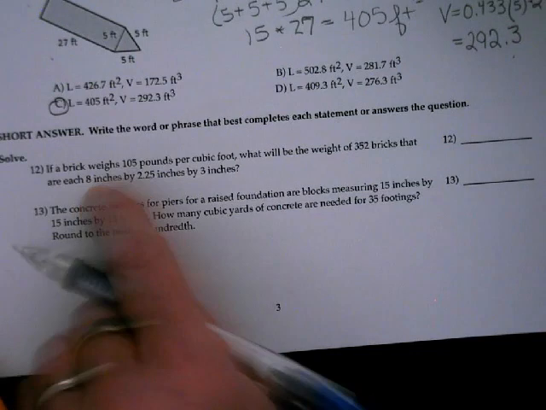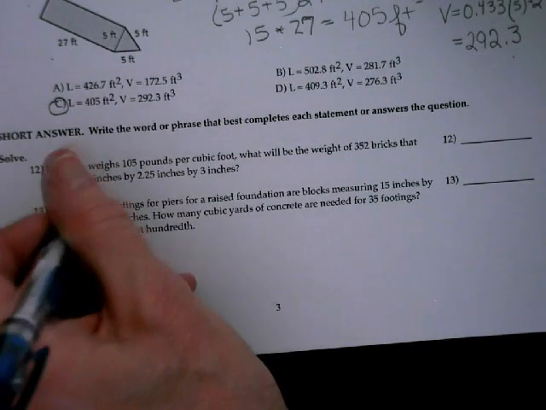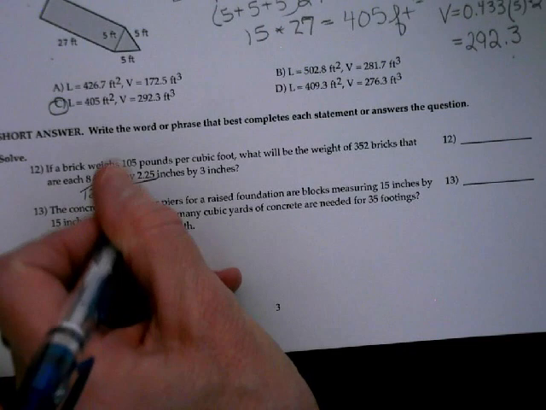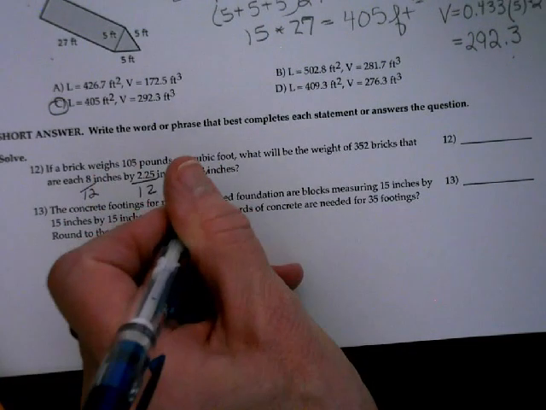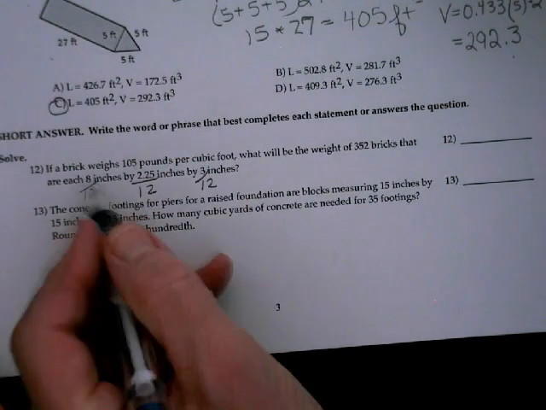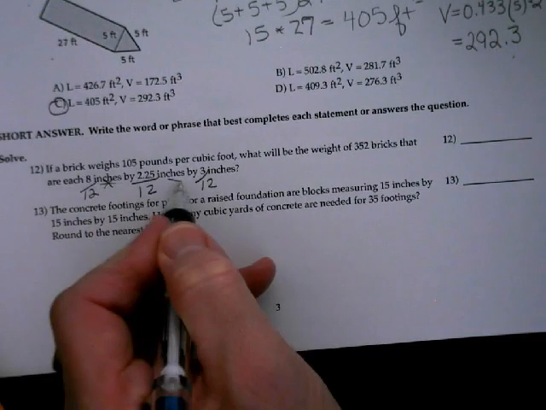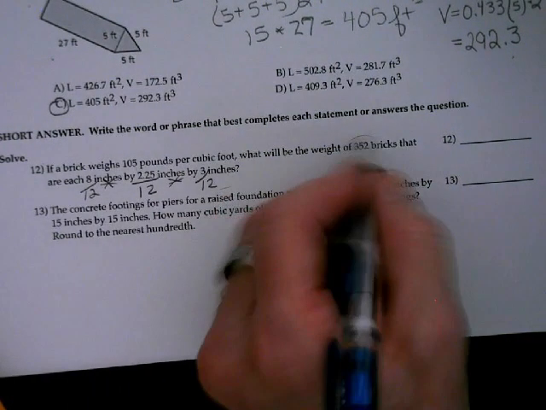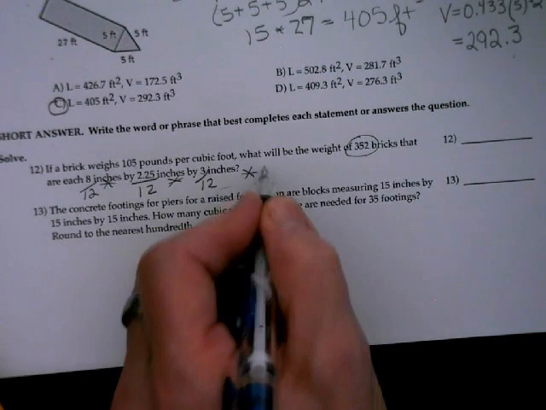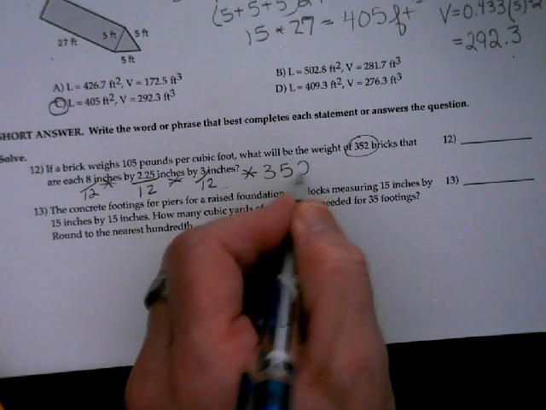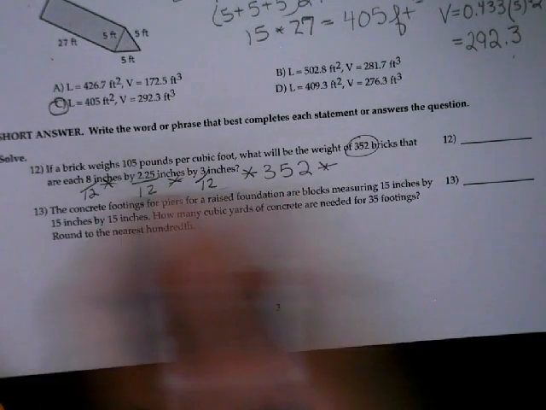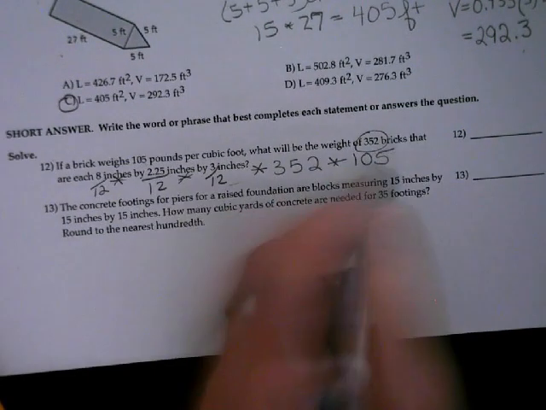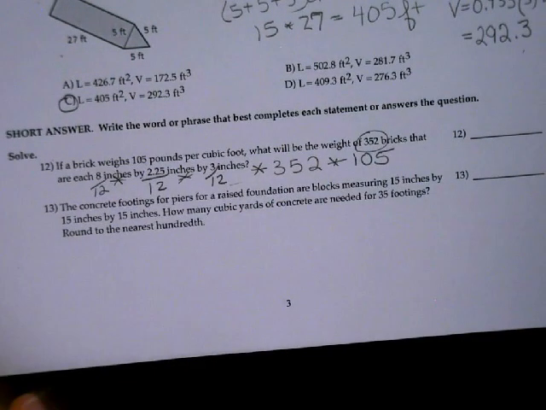All right, we have bricks that weigh 105 pounds per cubic foot. So this is how to find the weight using a conversion factor, but first we have to find the cubic feet. Then we'll multiply by 105. What will be the weight of 352 bricks that are 8 inches, we can't use inches, we need feet, so I'll take 8/12 of a foot by 2.25/12 of a foot by 3/12 of a foot.